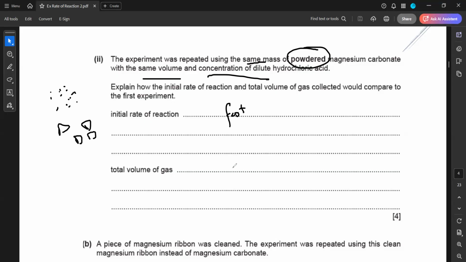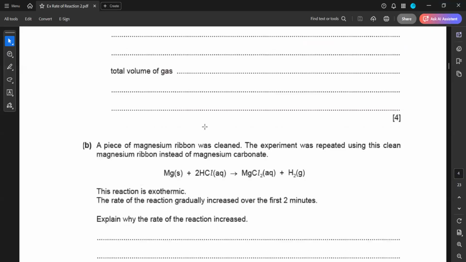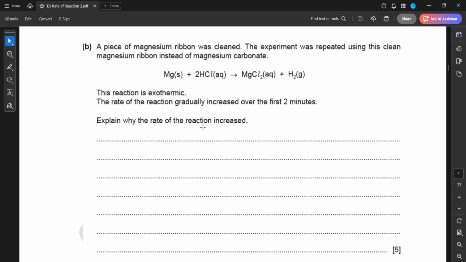But what happened to the total volume? The total volume will be the same. Why is the total volume the same? As we are using the same mass, volume and concentration of the reactant, the total volume won't change, because the total volume depends on the amount of the reactant. And the rate of the reaction changes because you are using the large surface area of the powdered reactant.